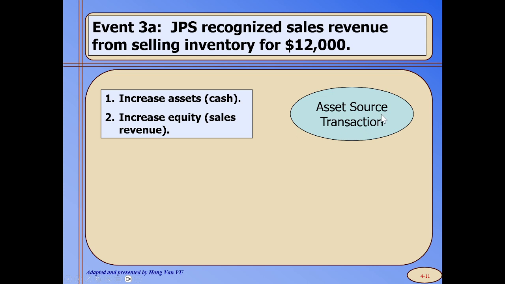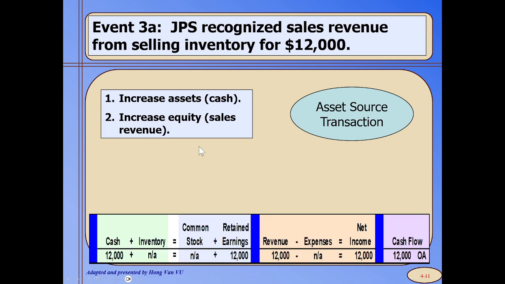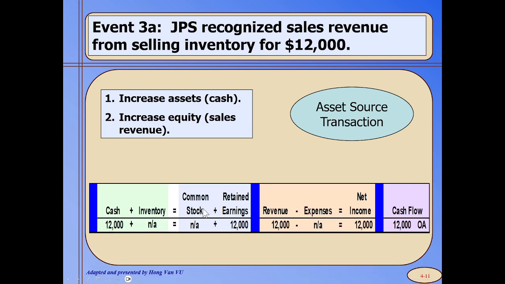This is classified as an asset source transaction. Here is the effect of this transaction on the financial statements model, right? So we have a cash increase, revenue increase, net income increase, and cash flow increase.